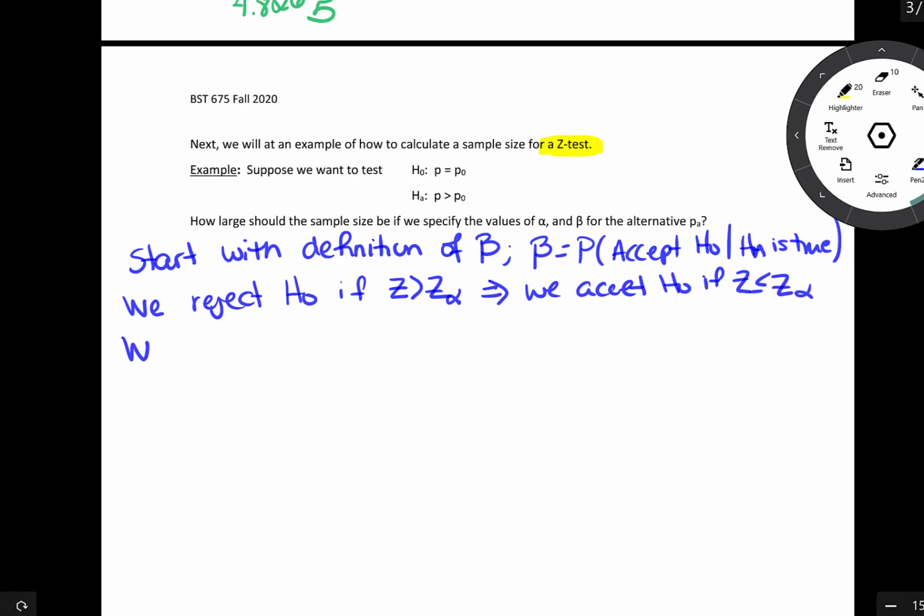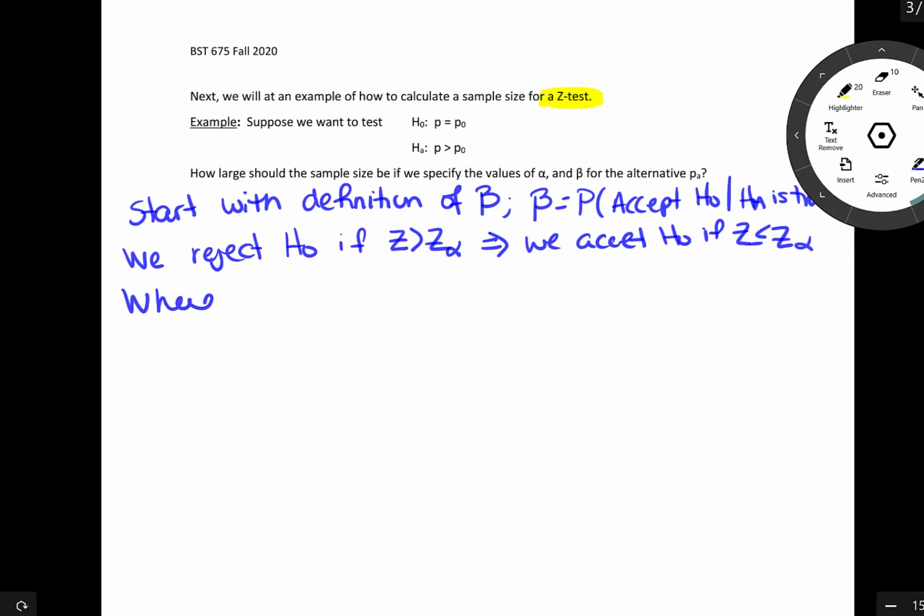And then our test statistic that we're going to work with, we're still going to use that standardization. Our estimator in this case is p hat. So we're still going to subtract off the value of the estimator under the null hypothesis, and we're going to divide by the standard error for that estimator.